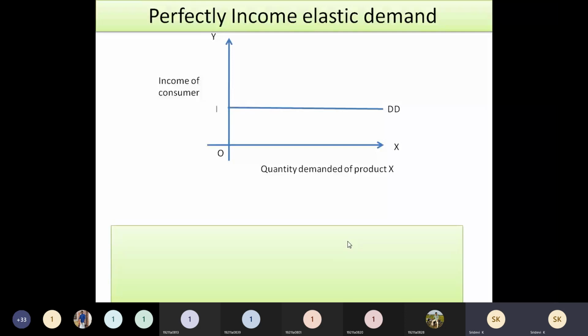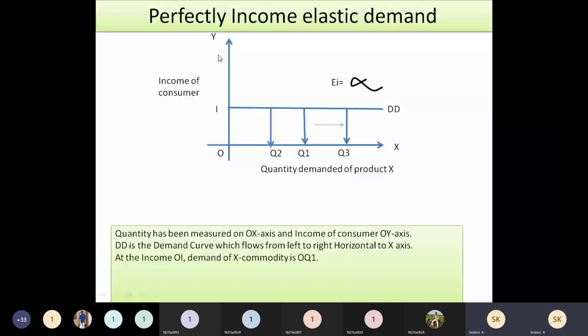So at income OI, demand is equal to Q1. Now when there is no income change, DD is increasing to Q3. You represent an arrow towards this Q3. It indicates an increase in quantity of sales.